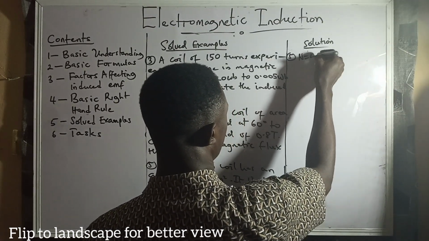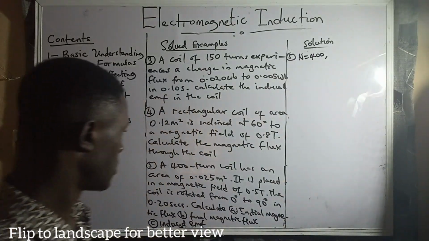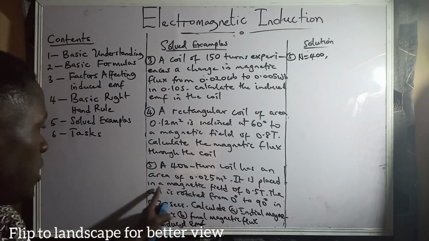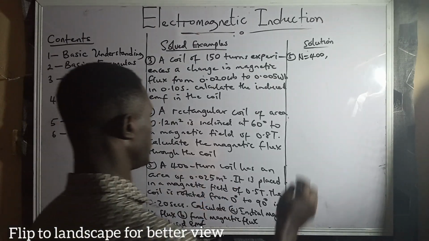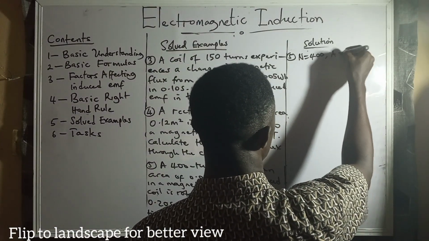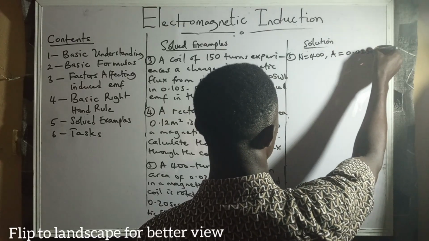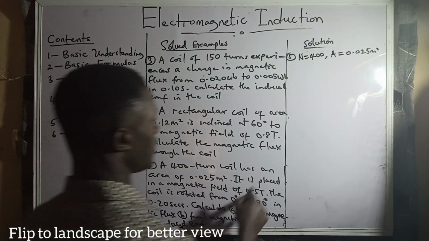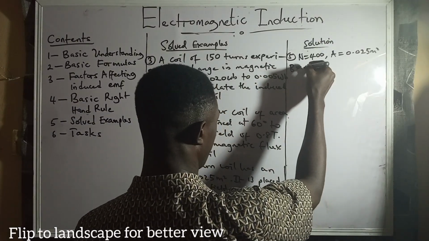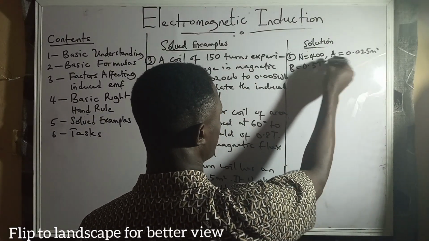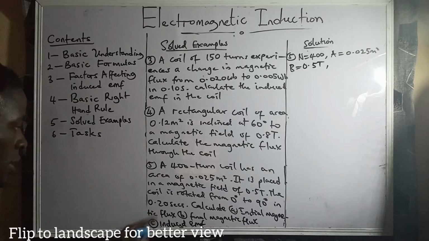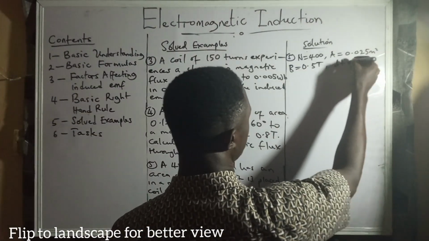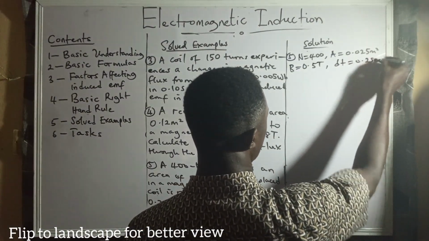N is equal to 400. Area is equal to 0.025 meters squared. It is placed in a magnetic field B of 0.5 Tesla, and the time T is equal to 0.2 seconds.